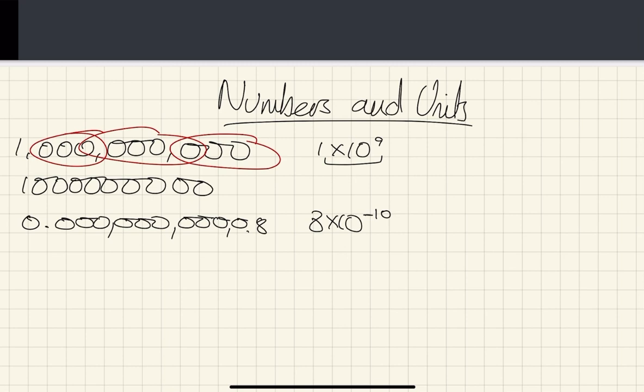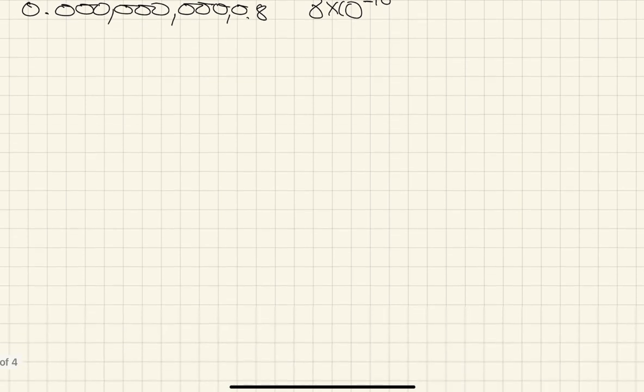Again, less likely to make a mistake, easier to type in your calculator, less time consuming. So do make sure you're comfortable with standard form before you continue. If you do need help, do feel free to comment, email, let us know.